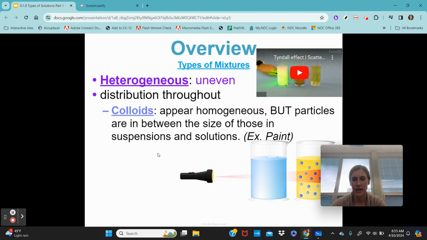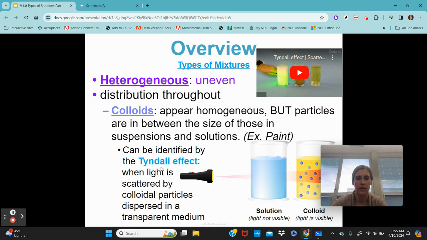An example is paint, milk, cheese, fog, mayonnaise. Those are all types of colloids. And one way to determine if it's a colloid versus a suspension or a solution is to shine a light through it, and it's going to exhibit what's called the Tyndall effect.